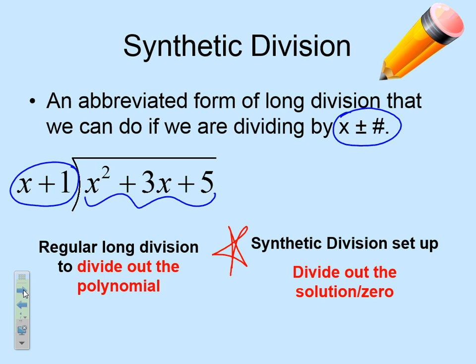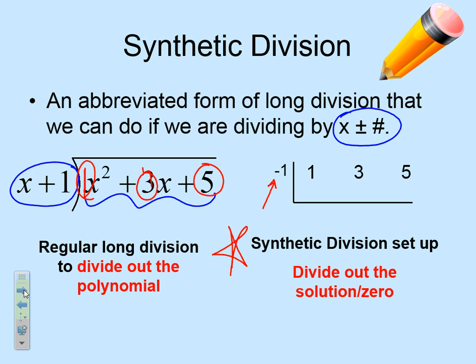We've used synthetic setup before. We've done it with substitution. And so now we figure out what the rest of that process is. Notice the setup again. We have the 1, 3, and the 5. Those are the coefficients in my polynomial here. And notice here on the outside is a negative 1.